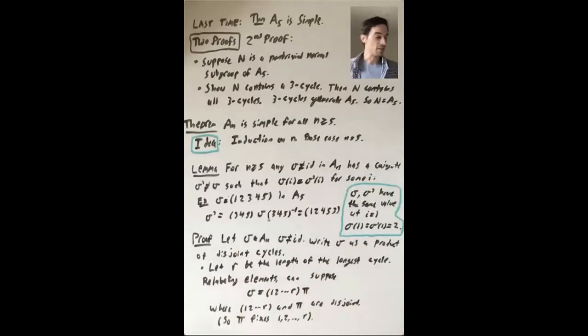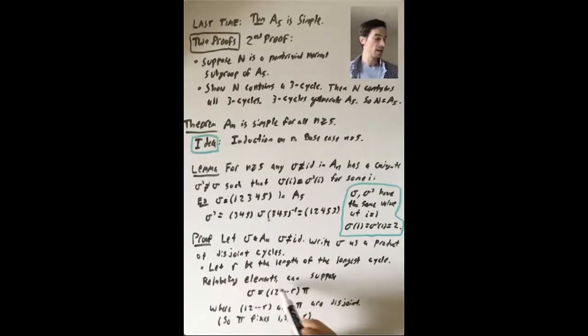So here's the beginning of the proof. Let's take some sigma in A_n that is a non-identity element. We'll write it as a product of disjoint cycles, and we're going to order those cycle lengths and let r be the longest one. We can rename the elements of the set from 1 up to n, and if you relabel these elements, you're free to suppose that this cycle of length r is the r-cycle (1 2 ... r).